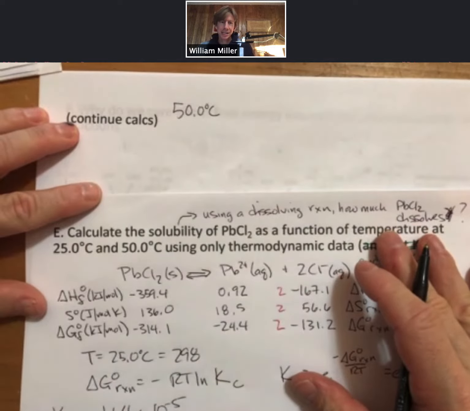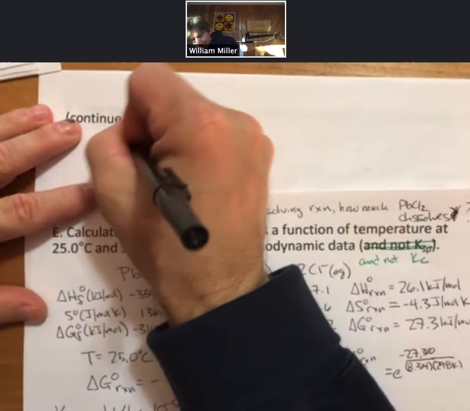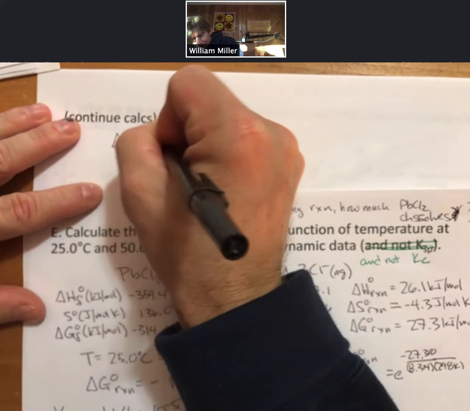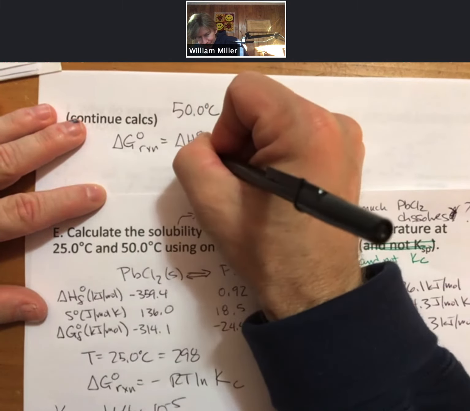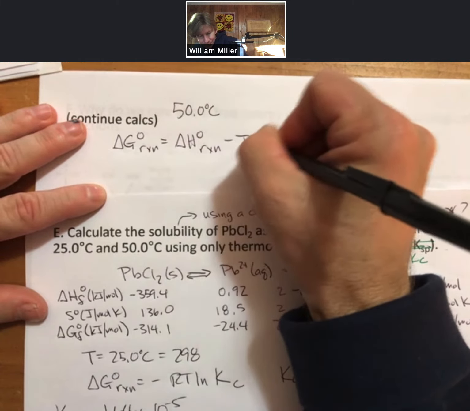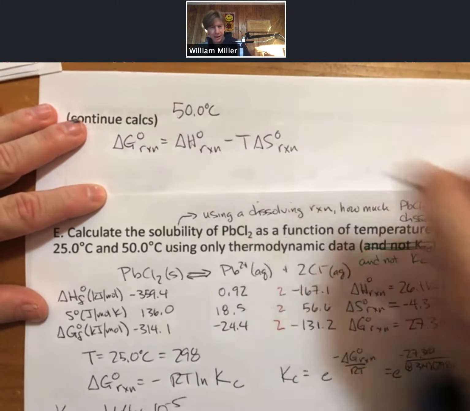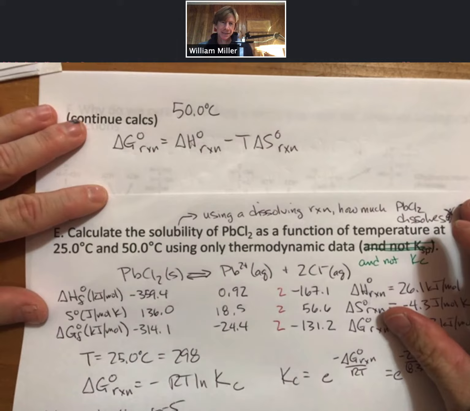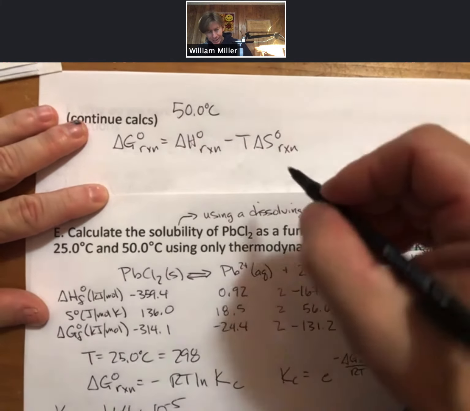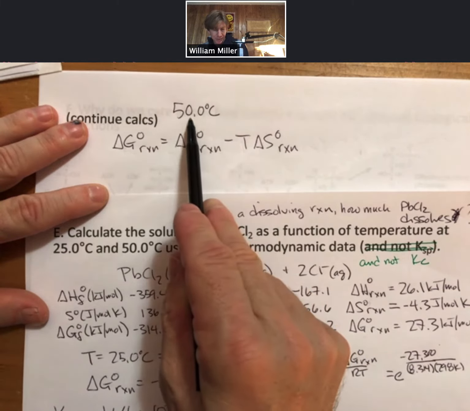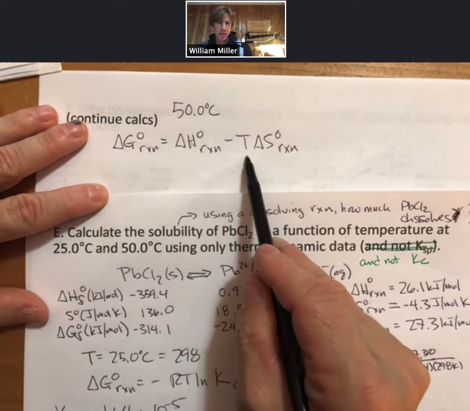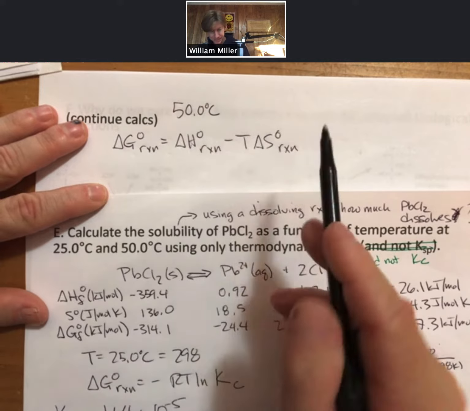We're going to need delta G equals delta H minus T delta S. Then we know that our new temperature is going to be 50 degrees Celsius, which is 323 Kelvin.